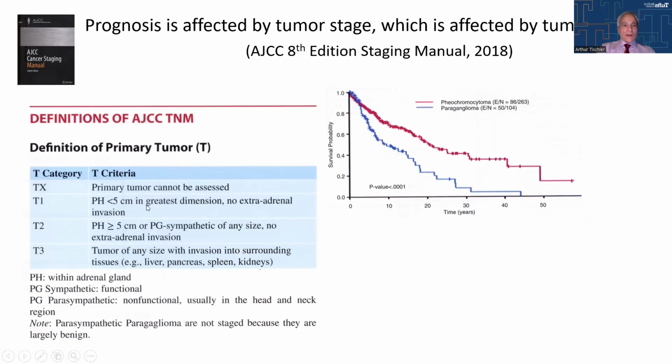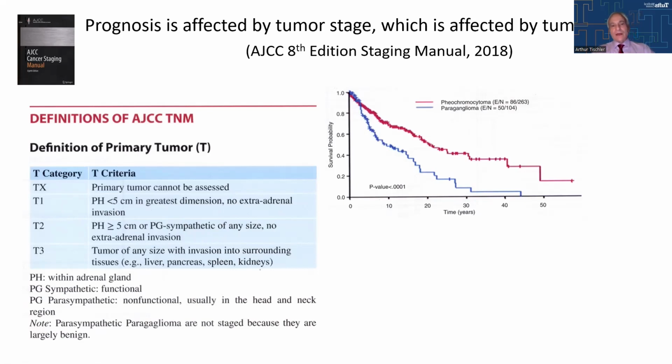So a tumor is classified as T1 if it's less than 5 centimeters in greatest dimension and has no extraadrenal invasion. It automatically becomes T2 if it's intraadrenal, measuring more than 5 centimeters, or is an extraadrenal sympathetic paraganglioma of any size, with or without extraadrenal invasion.